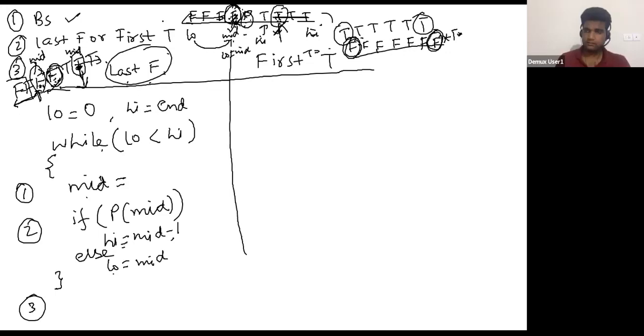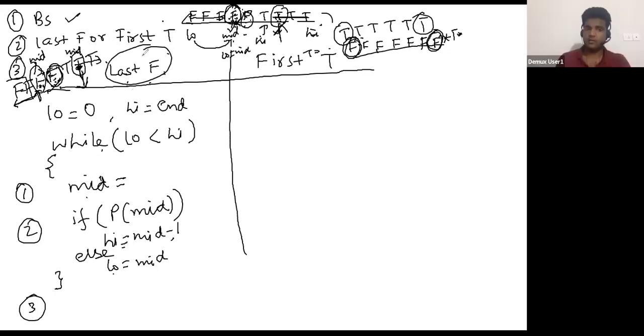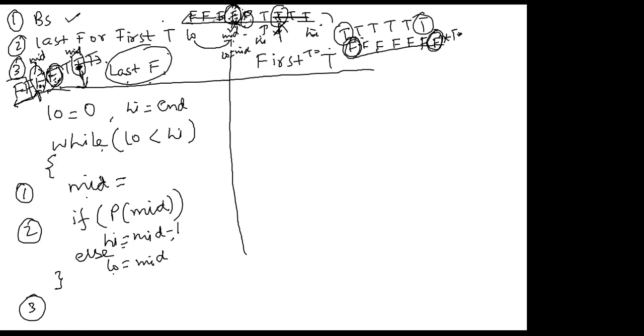That is not making sense, right? If we have found that first T, then why are we subtracting 1 from mid? We are looking for the last F, first of all, in this code, not the first T. First T is code I will write separately. Okay, so yeah, got it, my mistake.